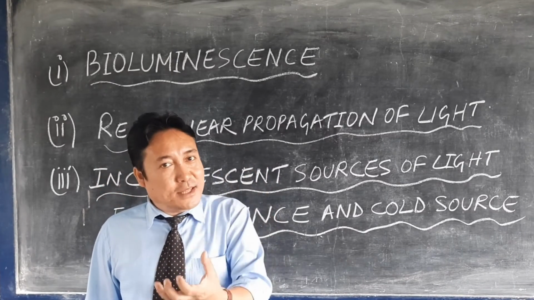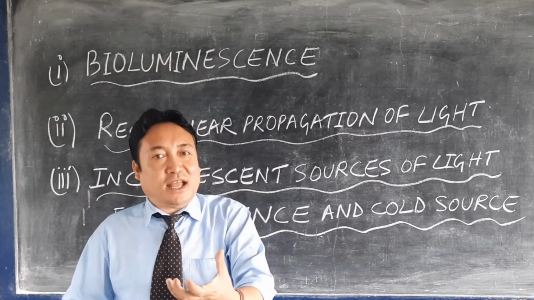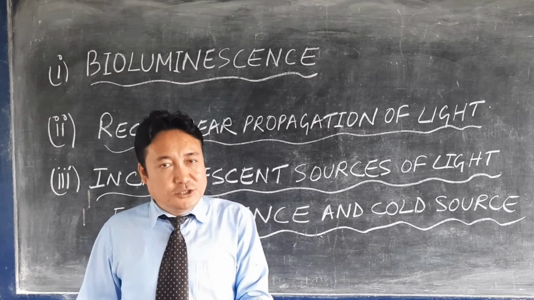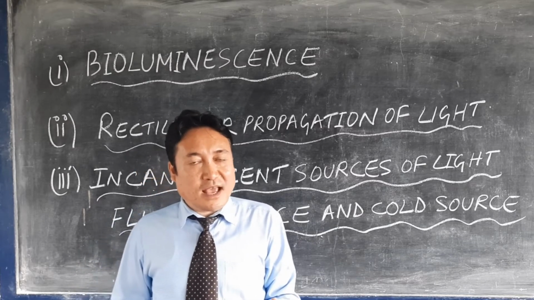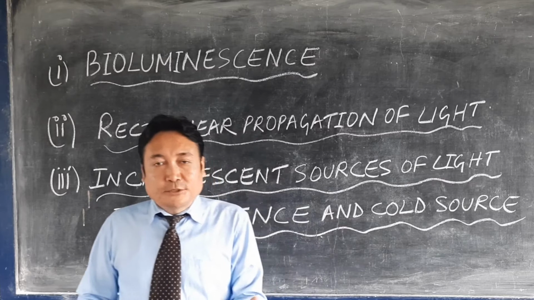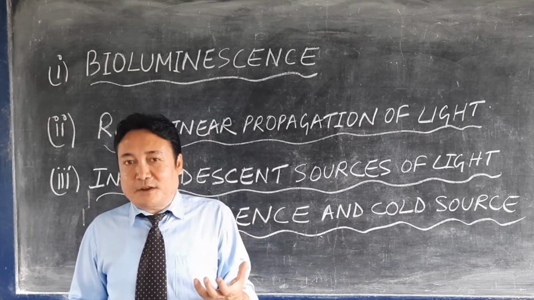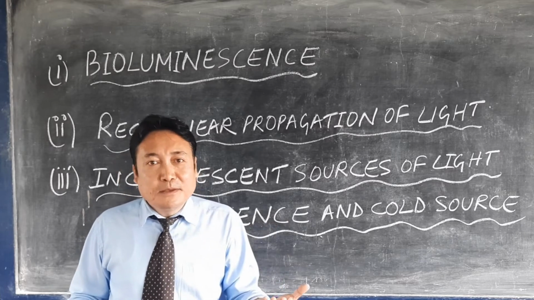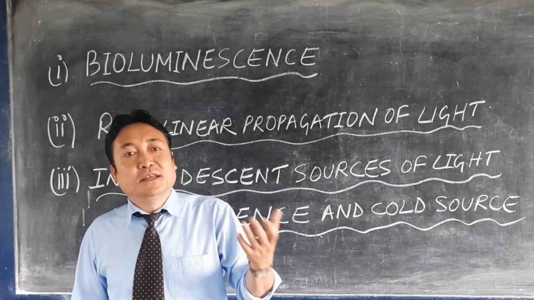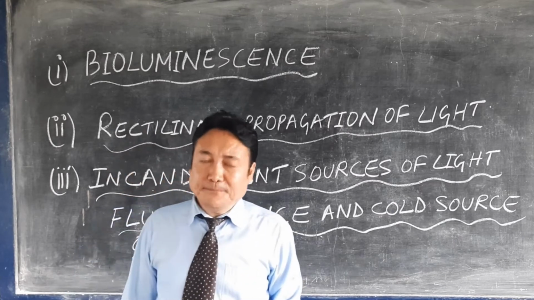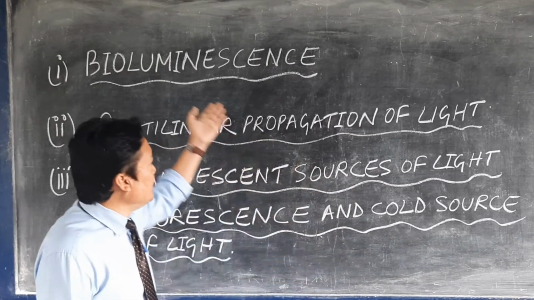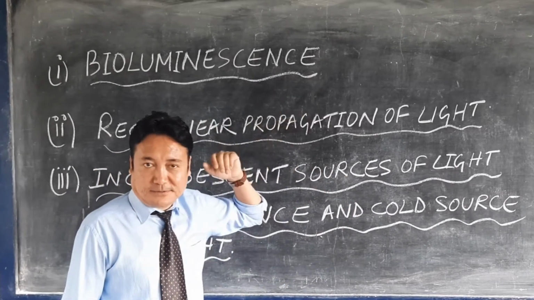When they come closer, it becomes very easy to catch and consume as food. So the light emitted from their body is very helpful to attract mates and prey. So this is about bioluminescence.